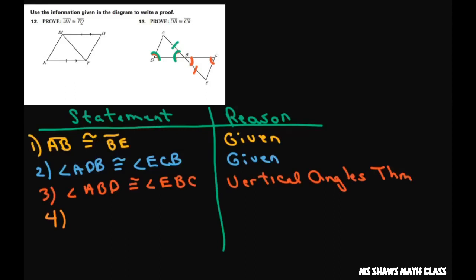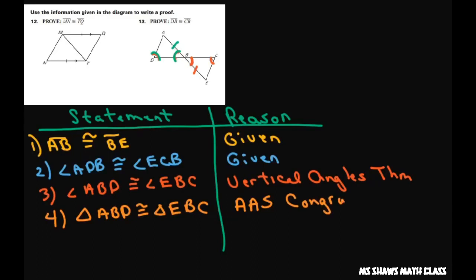So the triangles are congruent. So triangle ABD is congruent to triangle EBC. And that's your AAS, angle, angle, side, congruence theorem.